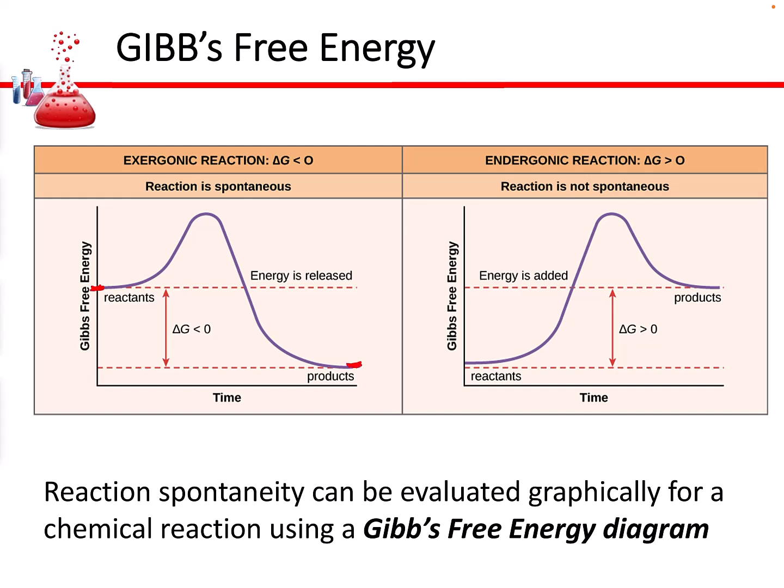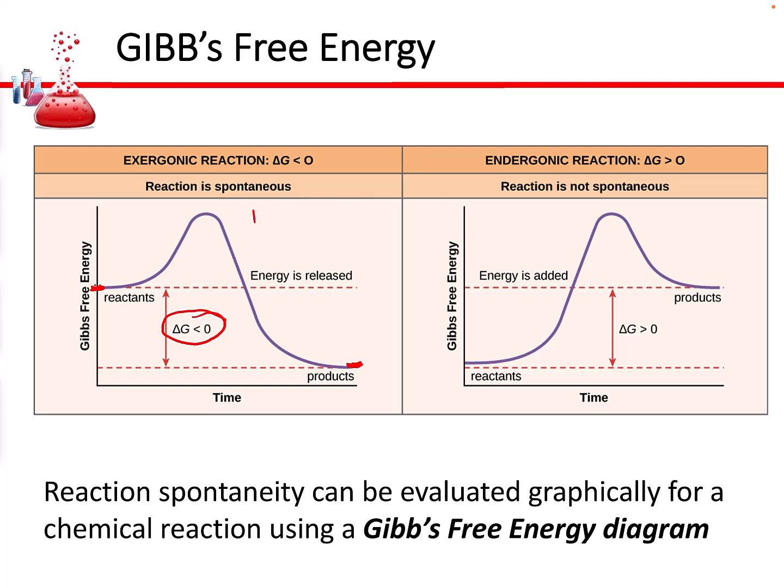Okay, so if we're looking at a graph of Gibbs free energy, we can measure the change in the free energy between the reactants and the products over time. Say our reactants require a certain amount of energy for that reaction to go to the product side, and then the products might be at a very different level of free energy.